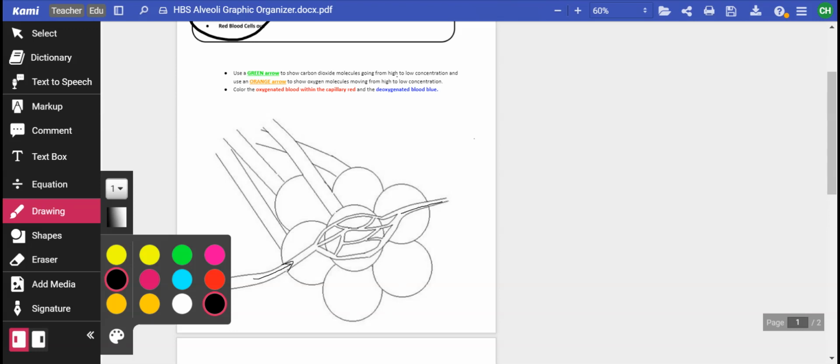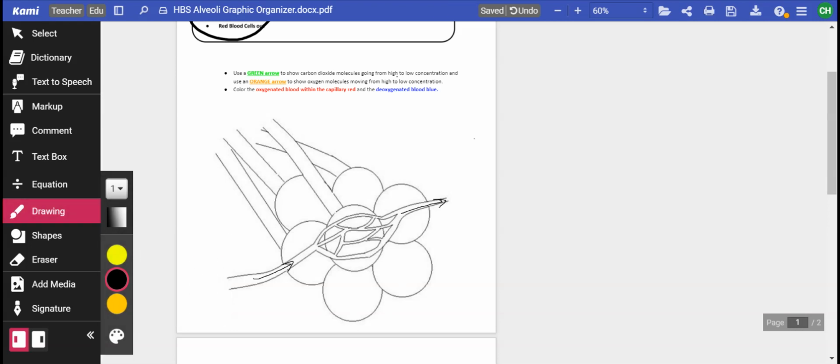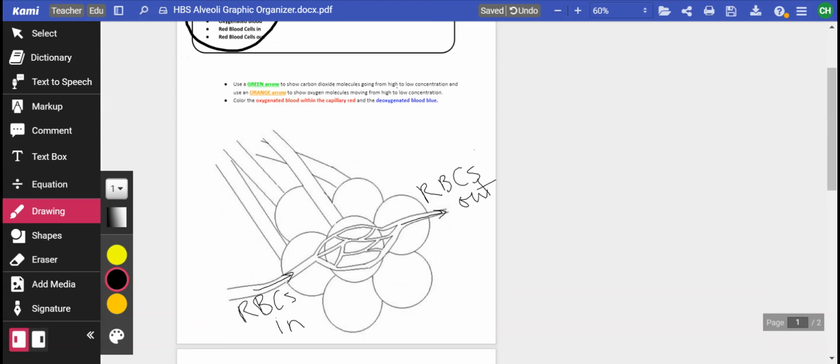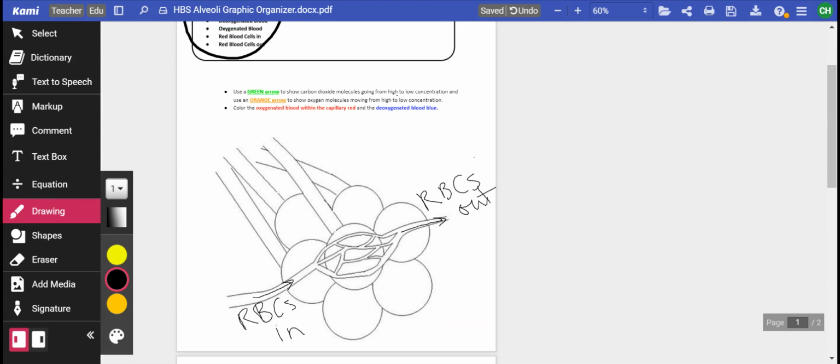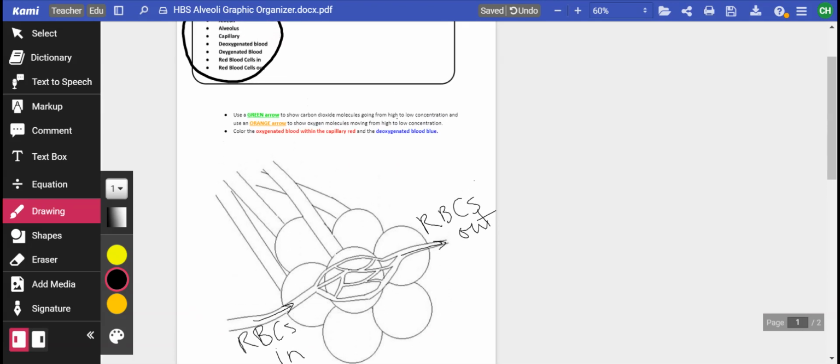Let's just say that the blood is flowing this way. Then we are going to have red blood cells going in this way and red blood cells going out this way. You might see on some documents that red blood cells are referred to as erythrocytes. That's the exact same thing.